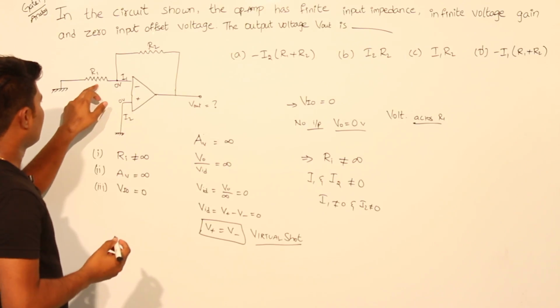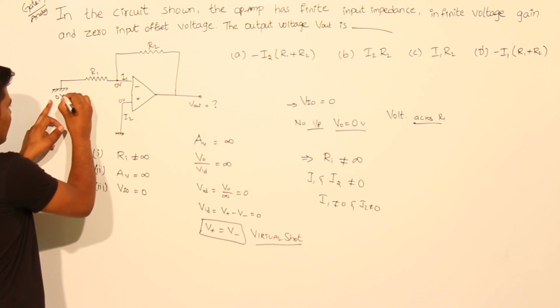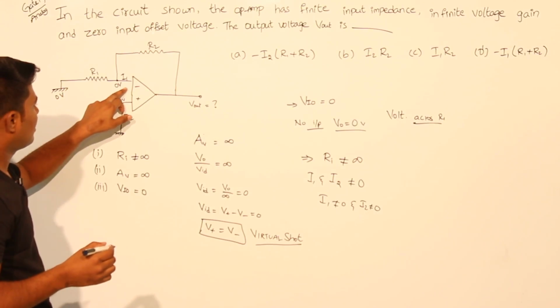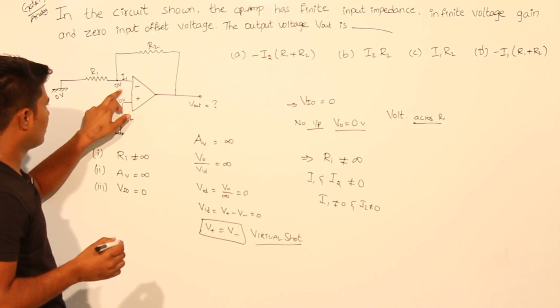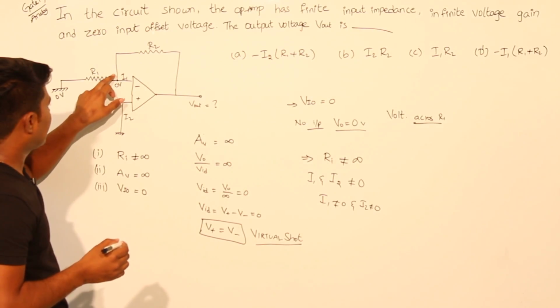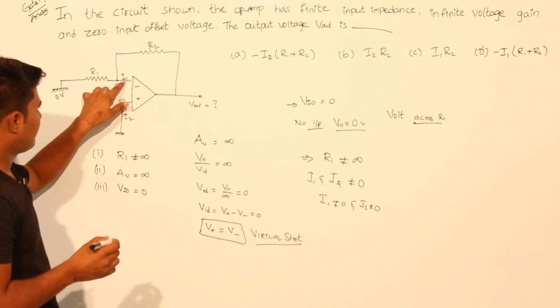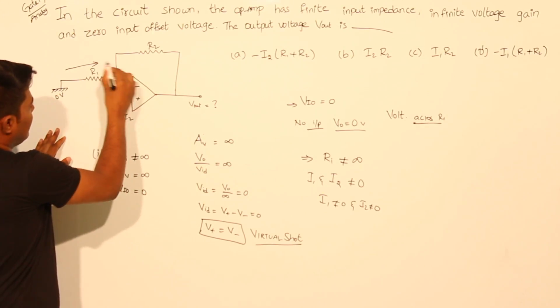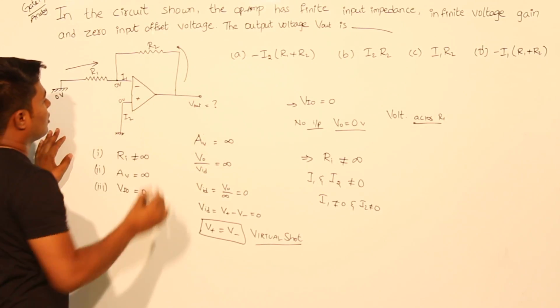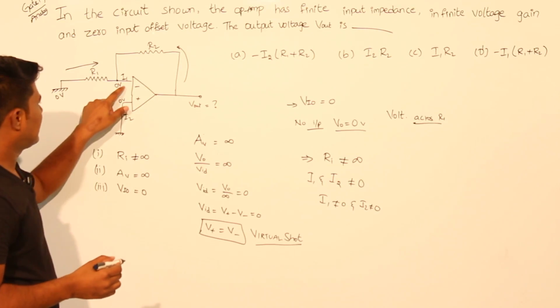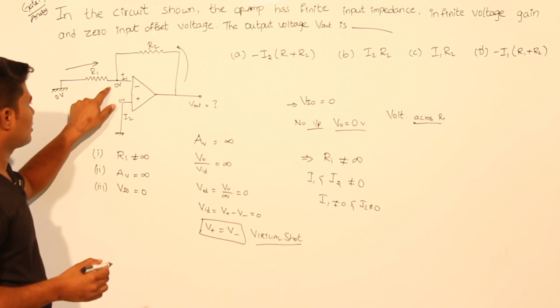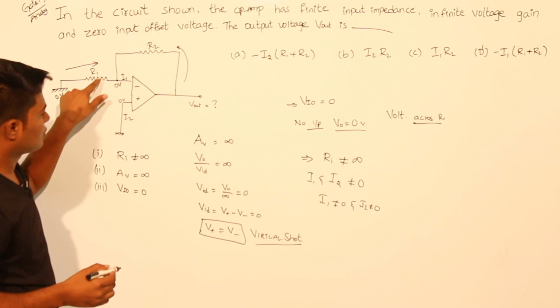Here you can see one end of R1 is connected to ground, that is 0 volts. The other end of R1 is also at 0 volts. So I1 cannot pass through this. For this I1, it has to come this way or through that way. This end cannot, because the voltage drop across R1 is 0. So it has to pass through this way.